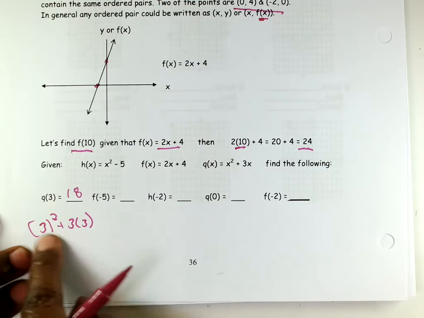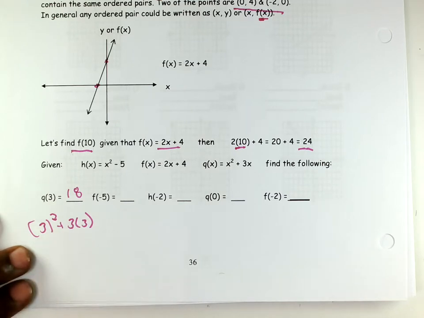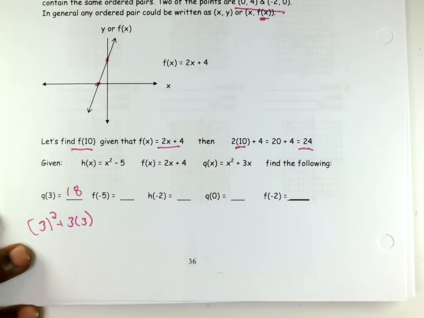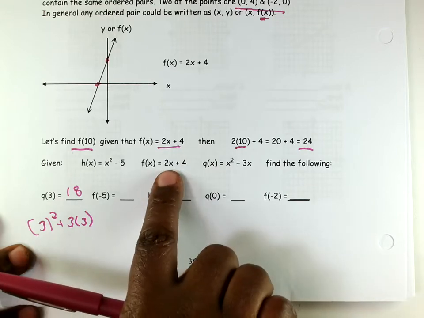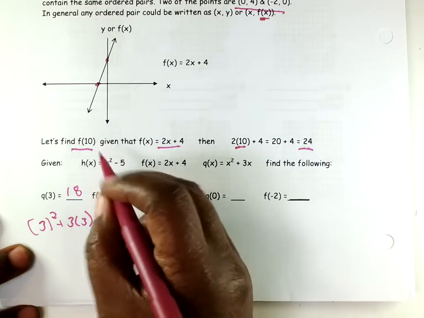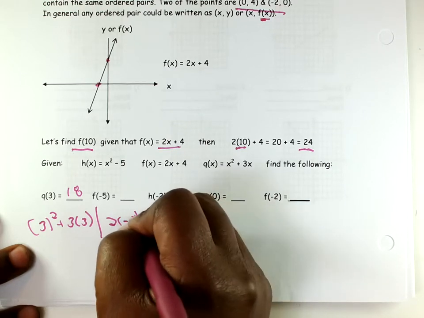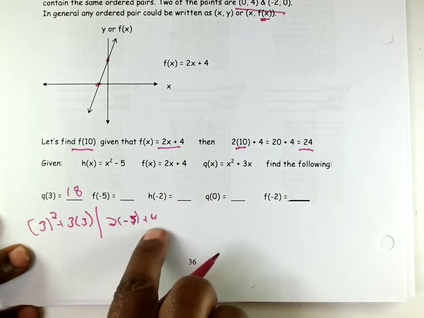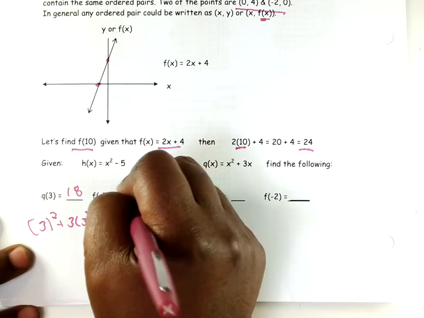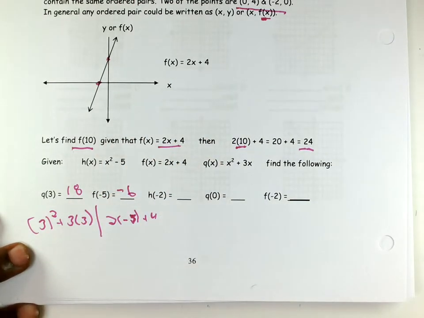So that would give me 9 plus 9 is 18. So q of 3 is equal to 18. f of negative 5. Here's my f of x function. So I have 2 times negative 5 plus 4. So negative 10 plus 4 gives me a negative 6.